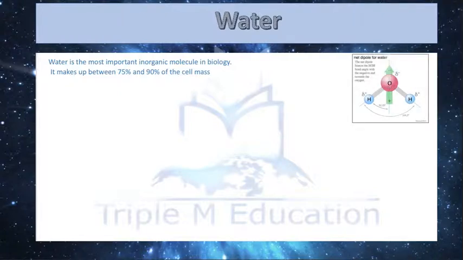Being a polar molecule means that there is a presence of a delta charge. There's a concentration of electron density around our oxygen, and that results in a delta negative charge.